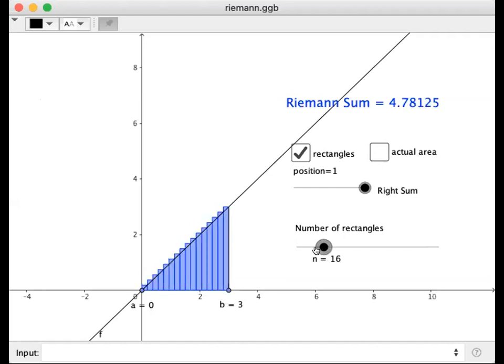Well, if I can somehow make those rectangles an infinite number of them, I can get the exact answer to that question.